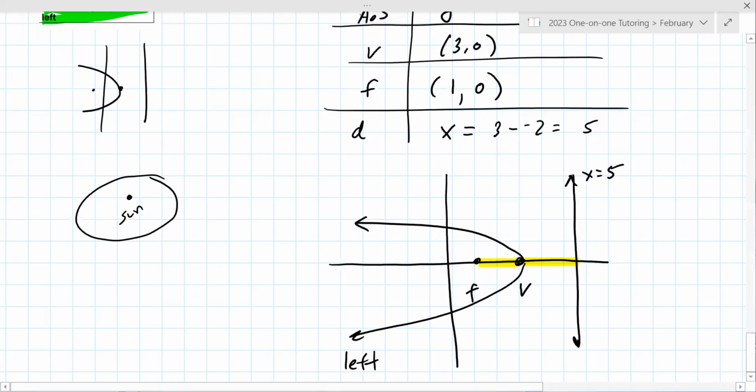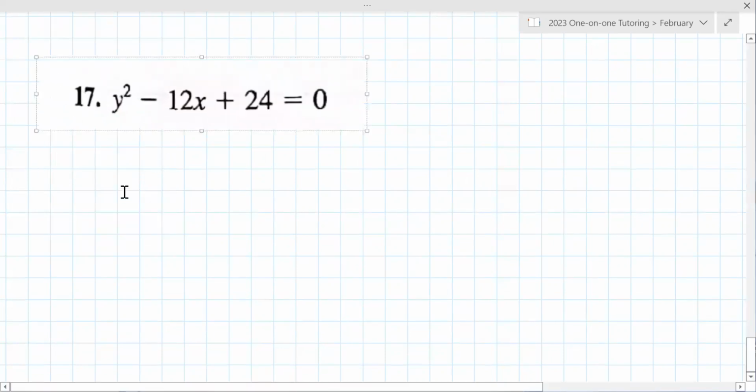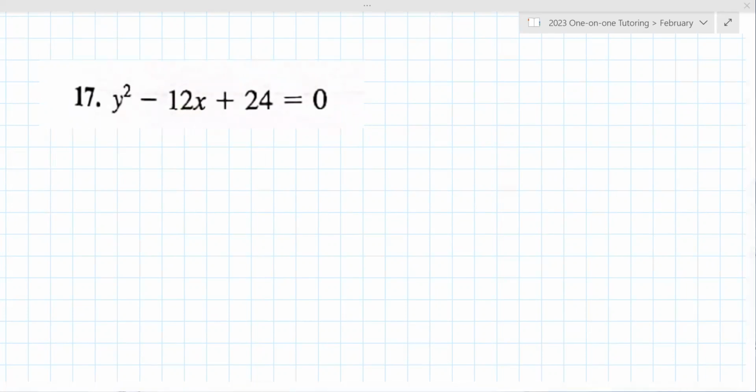All right, so we should do 17 and have you do a lot of it. I'll have you step me through this one. Since it's y squared, you can look at your reference sheet. Is it a horizontal or vertical axis?